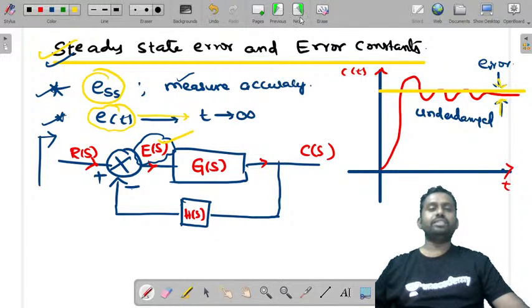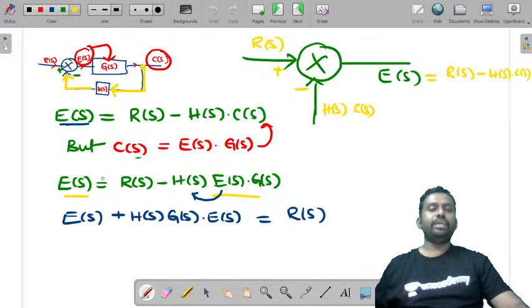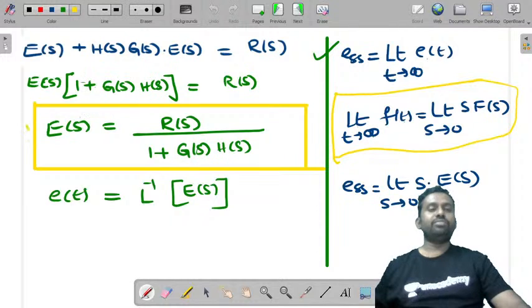So we have considered E of s, which is the difference of R of s and C of s into H of s. So we have obtained this E of s is equal to R of s minus H of s into C of s. From this we have written what is C of s here, which is E of s into G of s. Upon simplification you got an expression for E of s, which is R of s by 1 plus G of s into H of s.